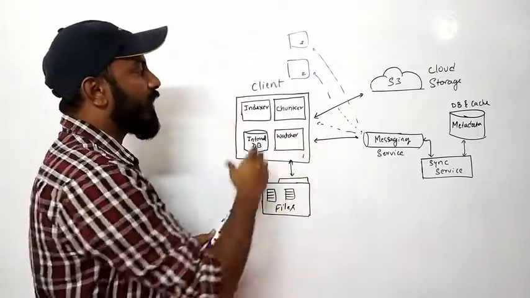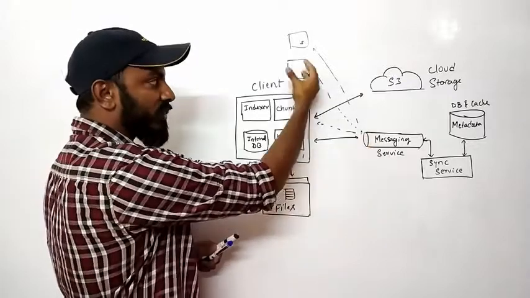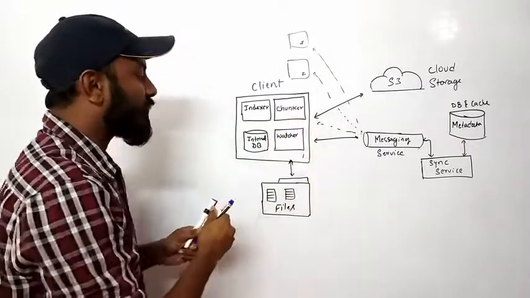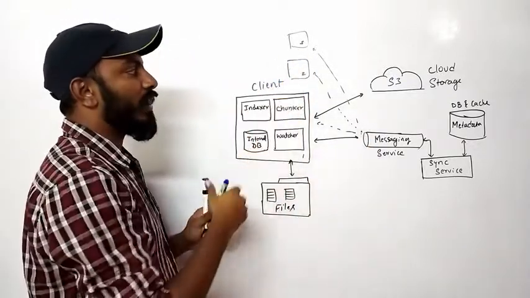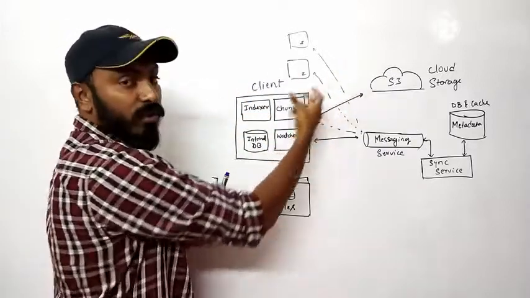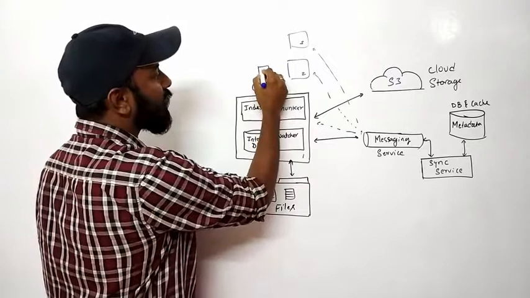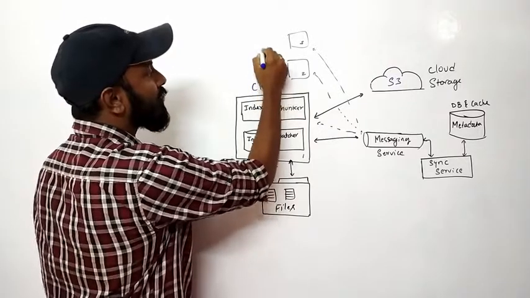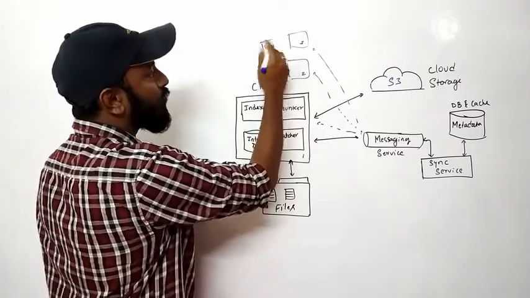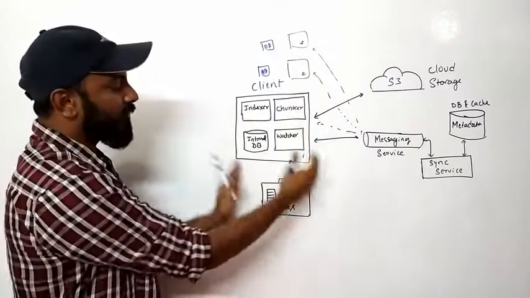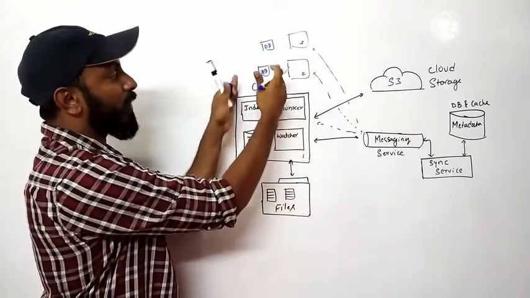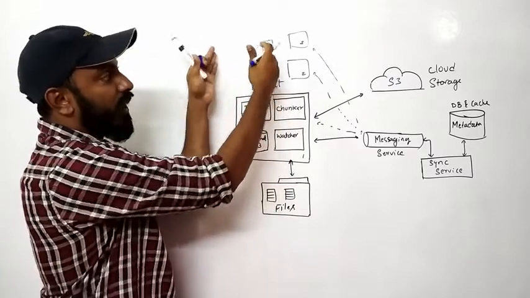As soon as the messaging services sends the messages to these clients, the indexer there will get back all of the chunks of the file, say for example these two files' chunks, and then inside the folder they will recreate the files. So they will have two different files, an exactly similar copy of the folder and files replicated in other devices.